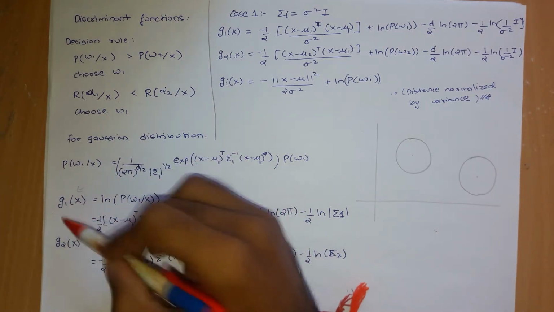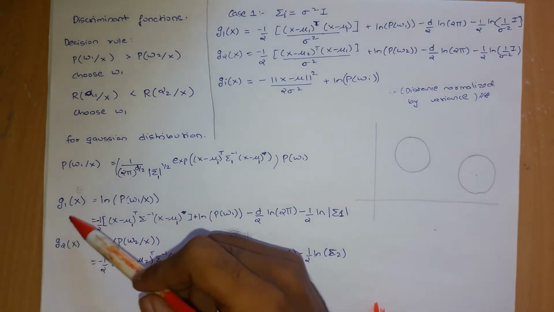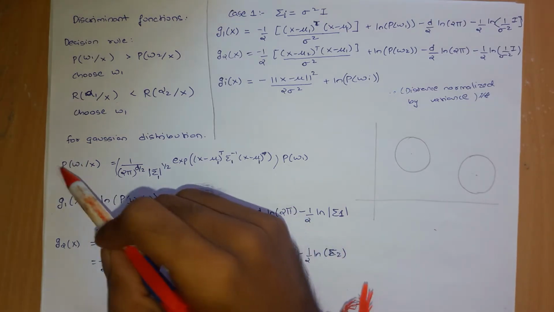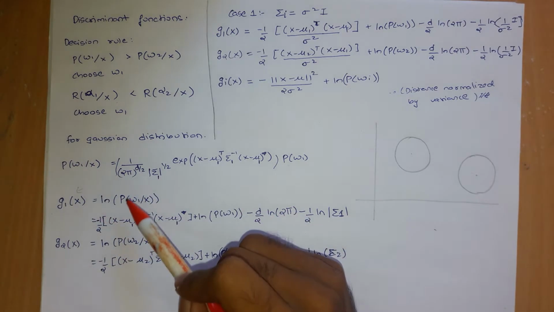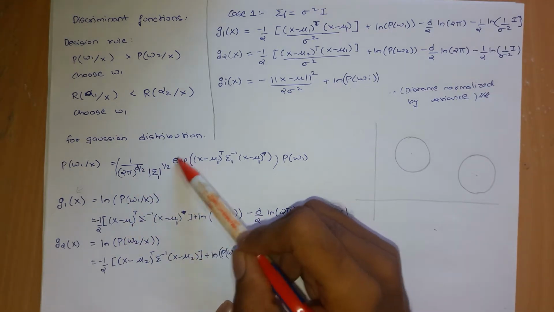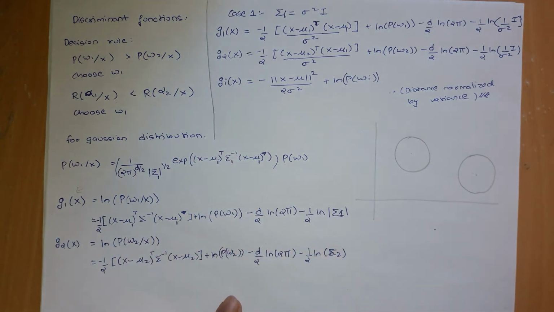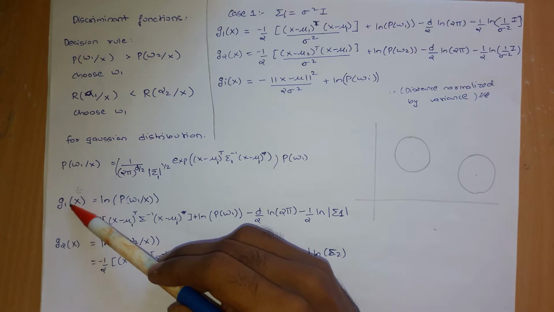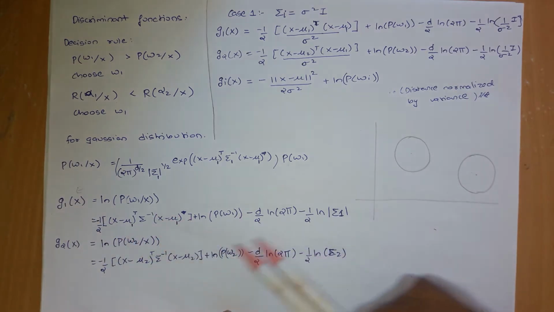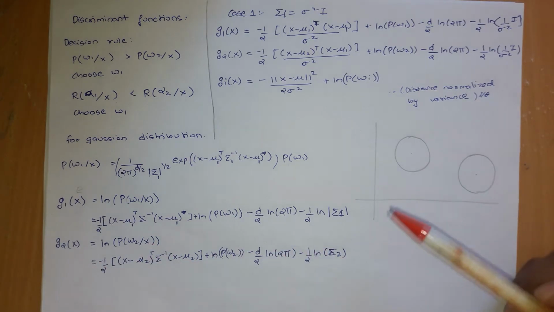This g1 of x is my discriminant function, and I'm defining it as the log of this probability. So this basically reduces my computations. It cancels this exponential, and we get this term over here. So this is for class 1: I'll have mu1, omega 1, sigma 1 like this. For class 2 I'll have omega 2, sigma 2, etc.